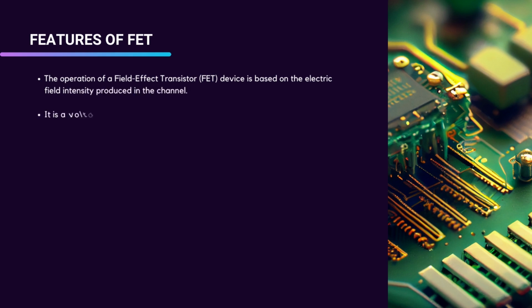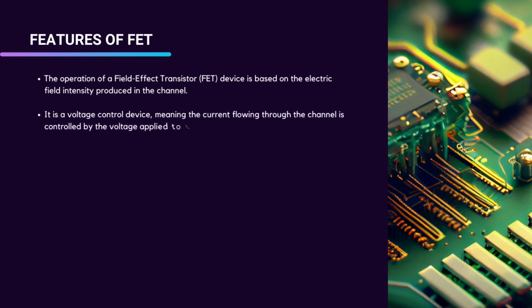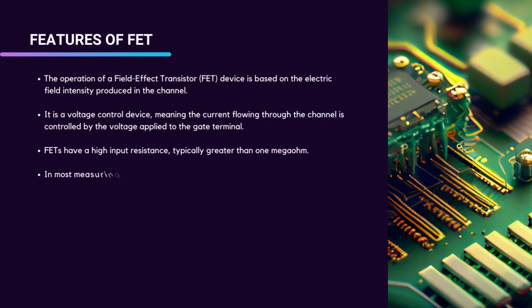It is a voltage control device, means the current flowing through the channel is controlled by the voltage applied to the gate terminal. FETs have a high input impedance, typically greater than 1 mega ohm.